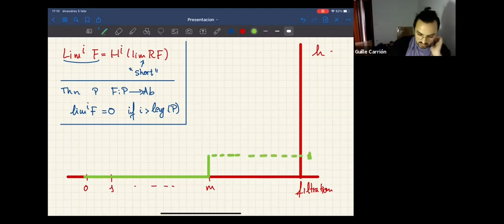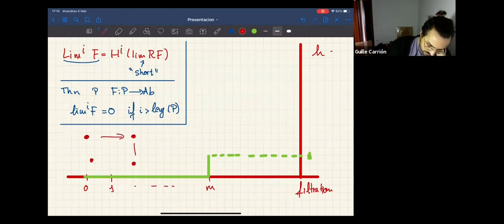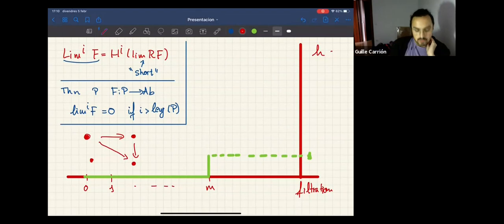If you remember the diagram, this map is a map between a cochain complex concentrated in degree 1, and now here we have degree 0 and degree 1.